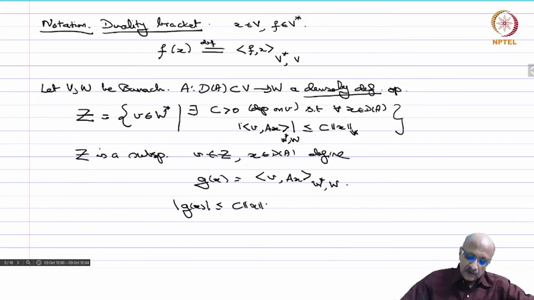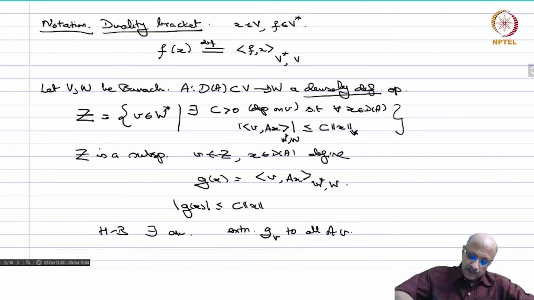So g is a continuous linear functional. So by Hahn-Banach there exists an extension g_v to all of V.